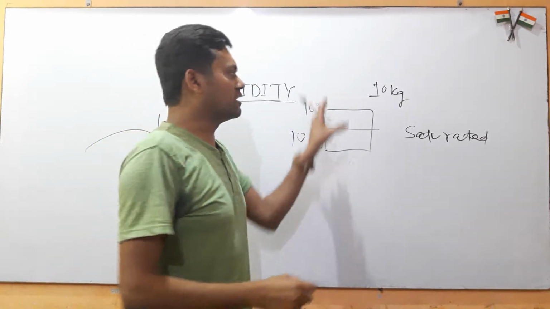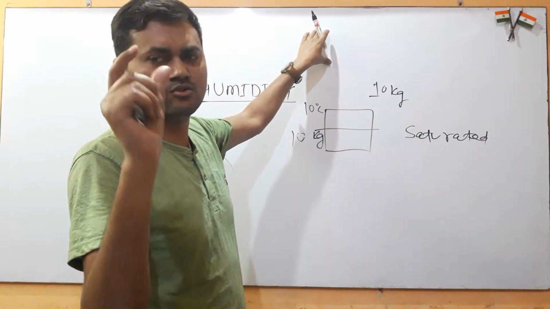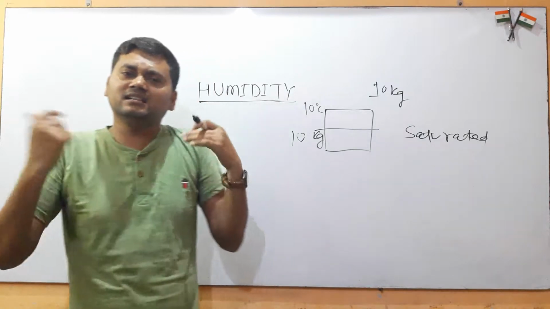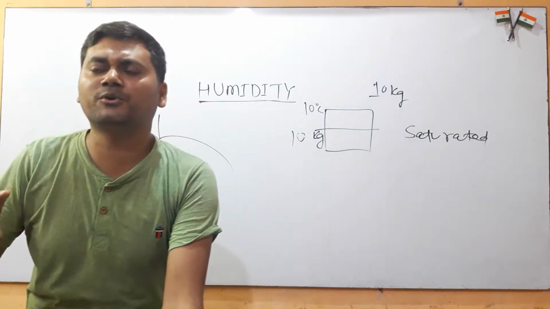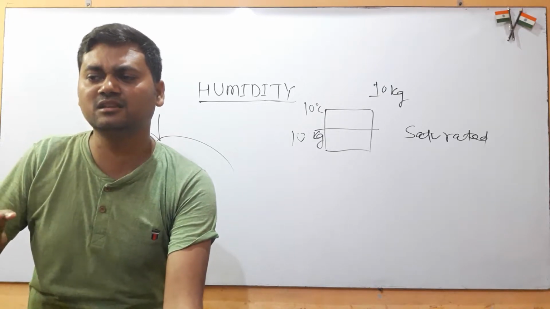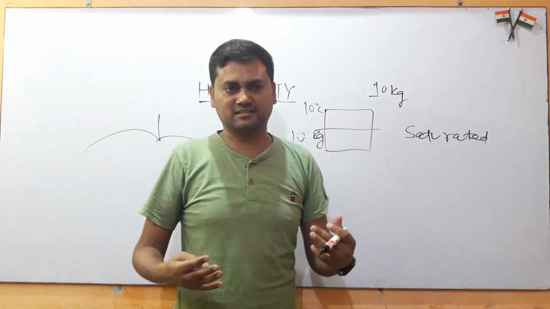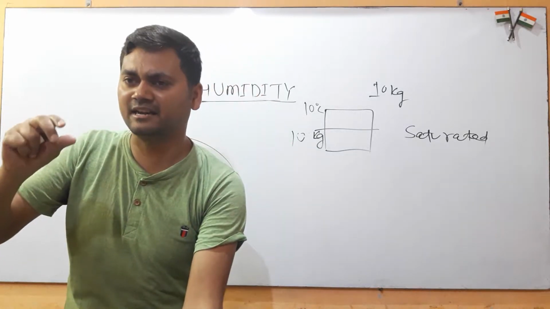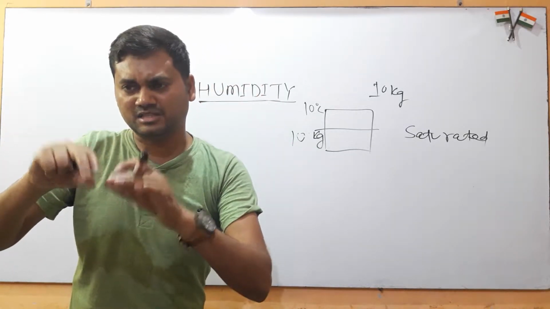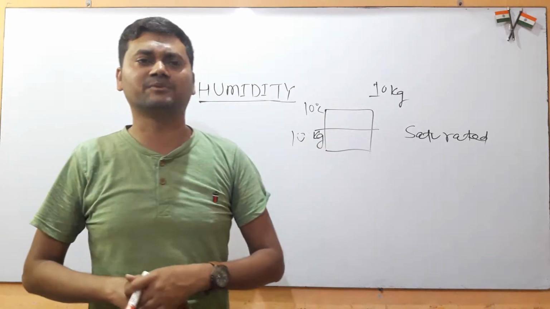Okay, so one word is also there, that is known as condensation. Condensation is nothing but a process where the forms change. Means the water vapor in the air changes into different forms.